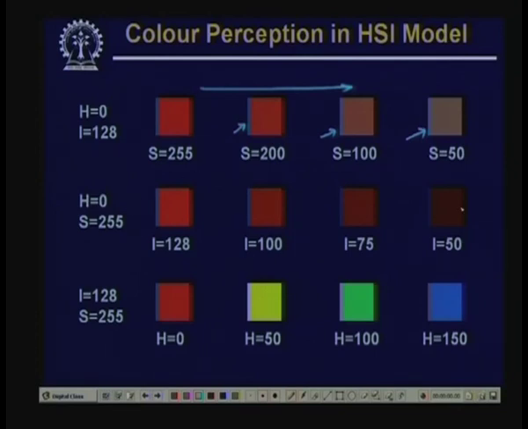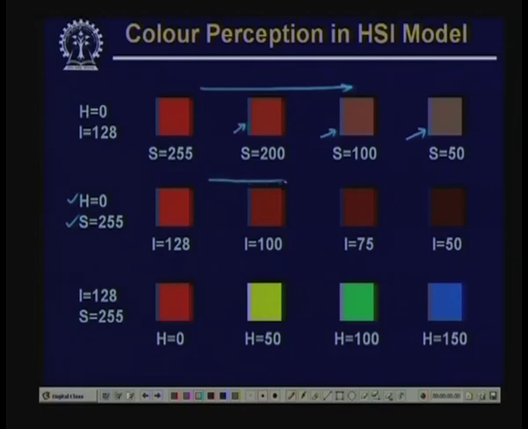In the second row, we have kept hue and saturation constant, that is hue equal to 0 and saturation equal to 255, and what we have varied is the intensity component, or the I component. As we decrease the I component, the different rectangles still show the red color.